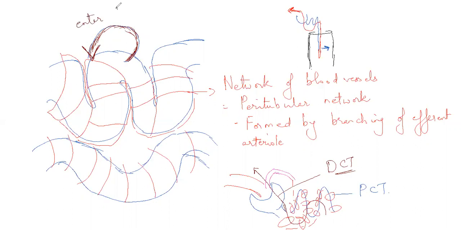Right? Now the branches of the peritubular network, these capillaries, they unite. All the blood vessels of this area, they unite to form the vasa recta.